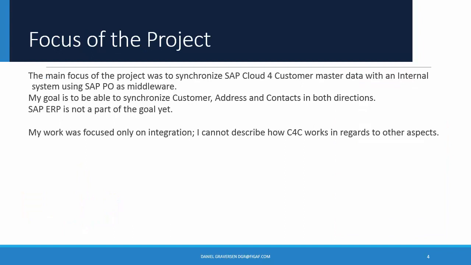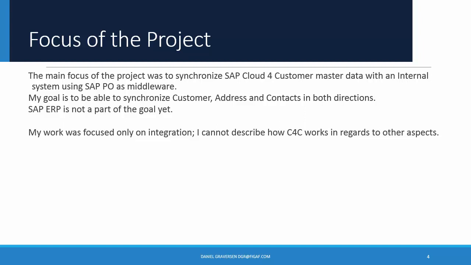The focus of our project was to synchronize SAP Cloud for Customer with some of the internal data. The client had an internal system that dealt with this kind of data. We're using SAP Process Orchestration as middleware, so it was nice also getting some experience with that. The goal was to synchronize customers, addresses and contacts in both directions.